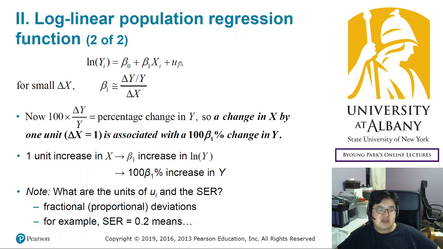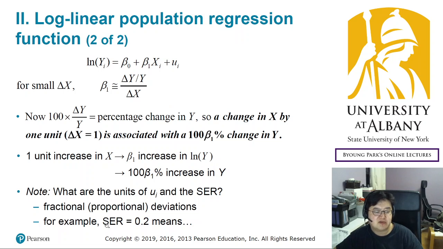For example, when the error term increases by 1, that means the log of y increases by 1. That means y increases by 100%. So the error term now captures the percentage change, not the absolute y change.